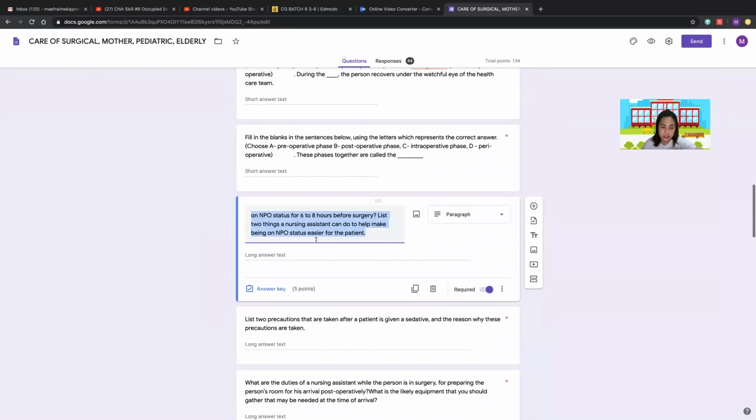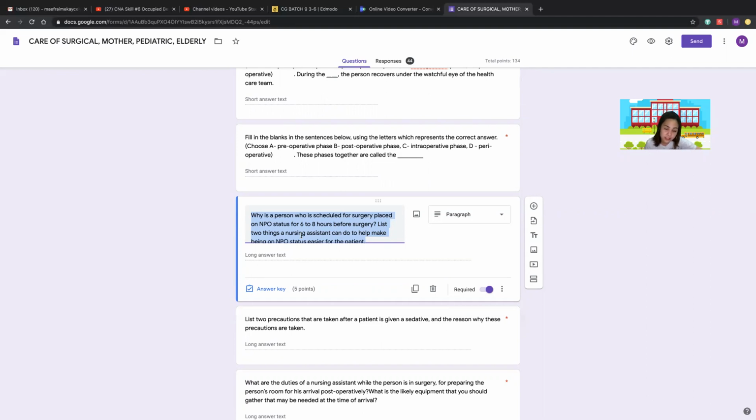Because when your patient is given anesthesia, if he or she ate, he will aspirate all of this food into his lungs. So to prevent aspiration, you place the patient on NPO status for 6 to 8 hours.